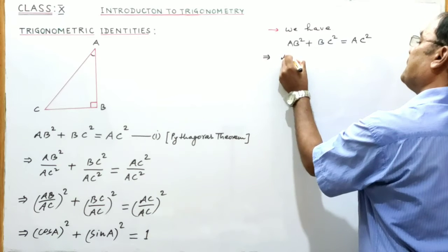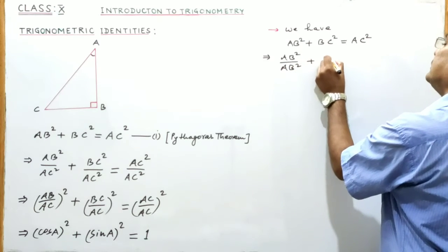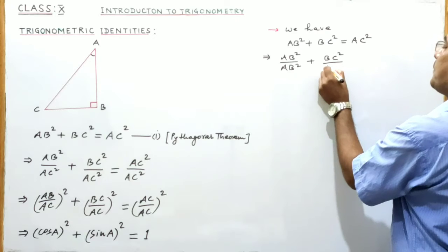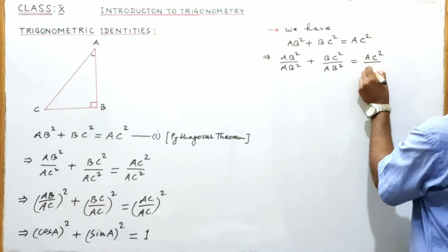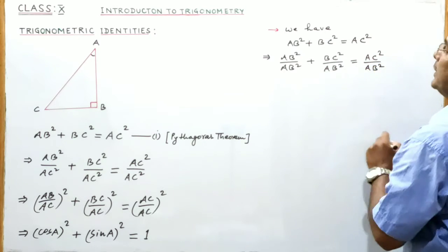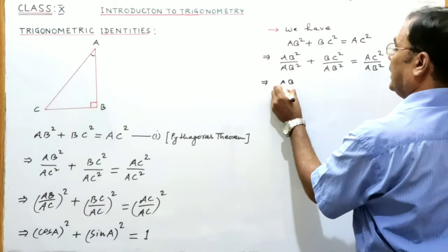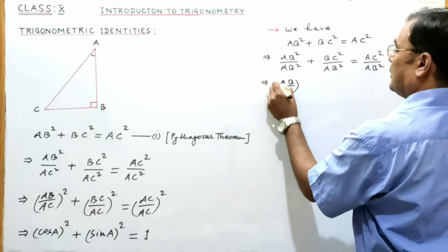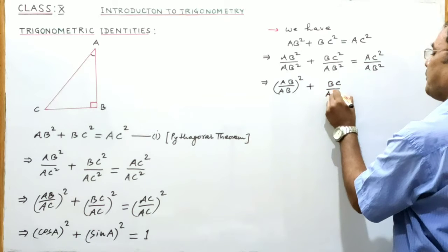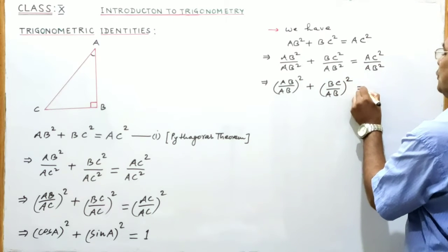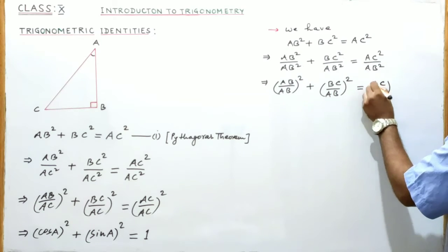So AB square by AB square plus BC square by AB square equal to AC square by AB square, and this implies (AB by AB) whole square plus (BC by AB) whole square equal to (AC by AB) whole square.